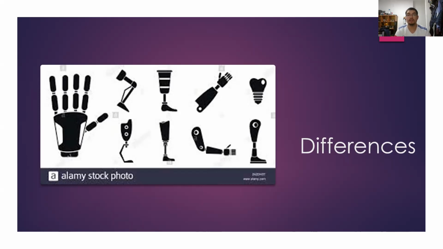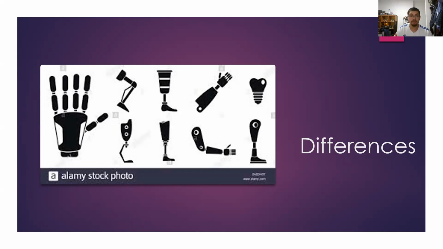For example, we found a bionic prosthetic hand made of titanium, metal, PLA, which is a plastic polymer, and polymers of latex to create the feel of real skin. This is more expensive.